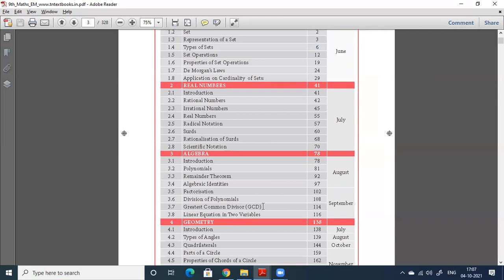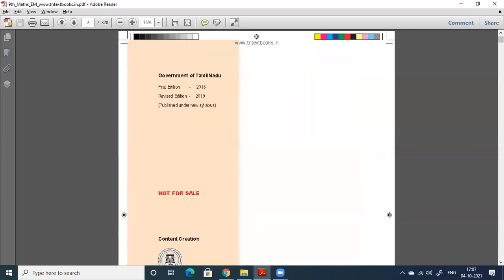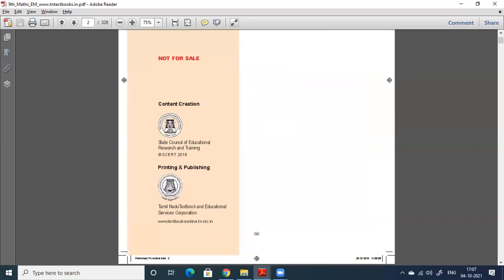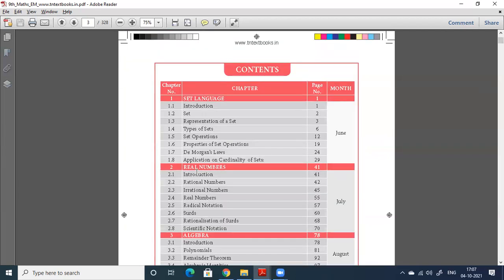Now we finished coordinate geometry, trigonometry, mensuration, statistics, probability. We finished everything, so no need to worry about that. Set language is a very reduced syllabus, but I don't think we should reduce the syllabus. Let us finish everything. And then what will we start? Algebra will start, or real numbers will start. Let us start algebra after set language.